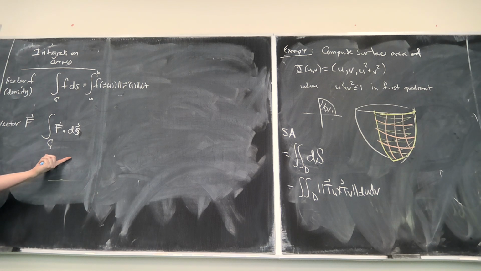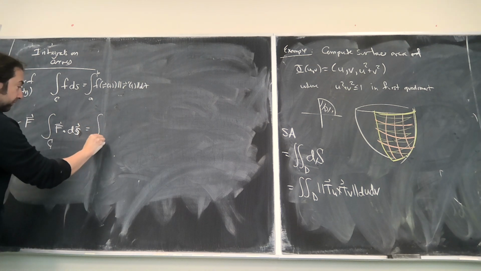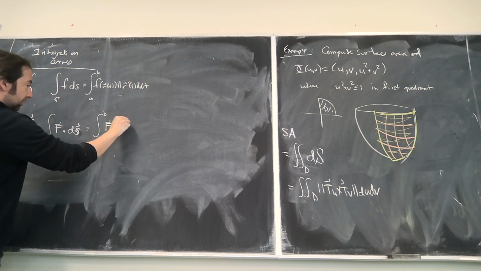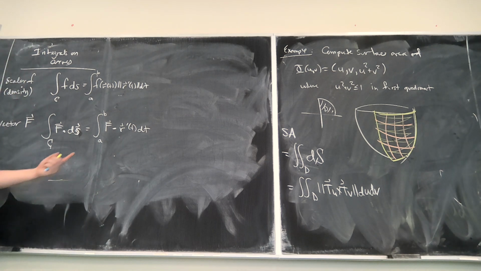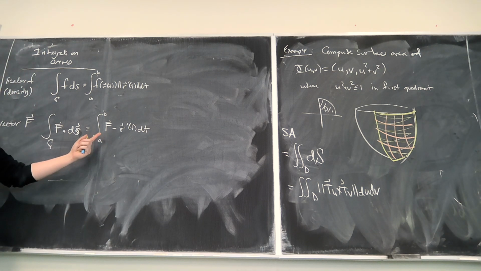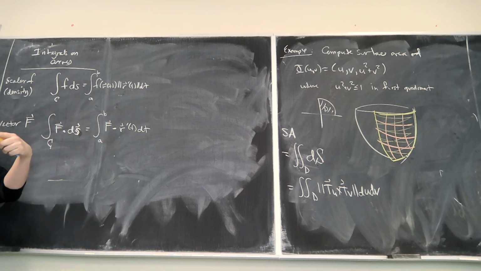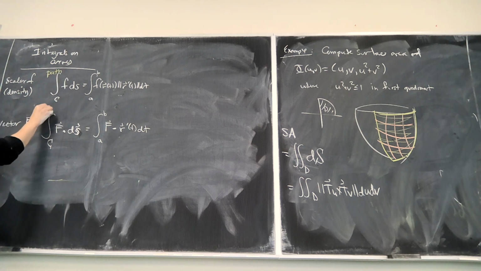These were equal to the integral from a to b of the vector field F dotted with r prime of t dt. I can't integrate a vector times a scalar. I have to integrate a vector dot a vector to get a scalar quantity out. So this was how we calculated work done. Those were called line integrals. This is a path integral, and this is called a line integral.